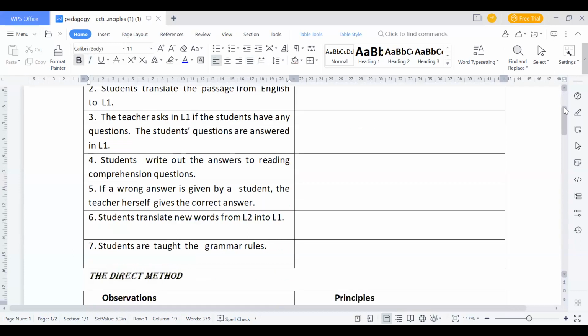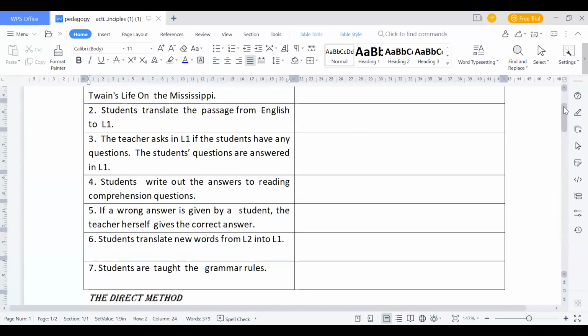Okay, can you read the third one quickly? We are not going to waste a lot of time on this. I will discuss quickly in 2-3 minutes. The teacher asked in L1 if the students have any questions. The students' questions are answered in L1. Yes, because they are for communication purposes, they use the mother tongue.